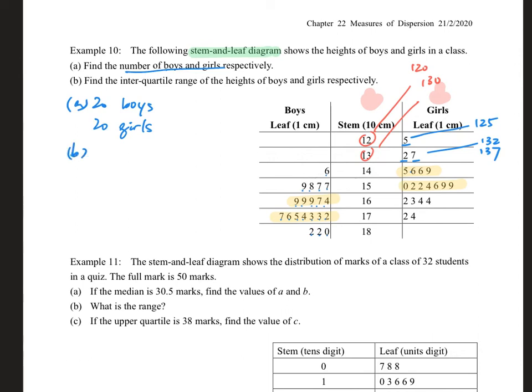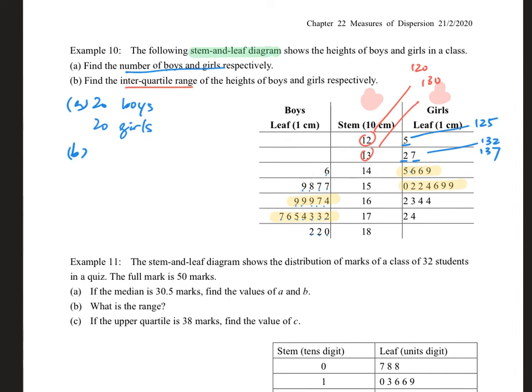But coming up next is harder, because it asks about the interquartile range of the heights of boys and girls respectively. Back in example 8, when you list out all the data, you can still find ways to find the interquartile range.